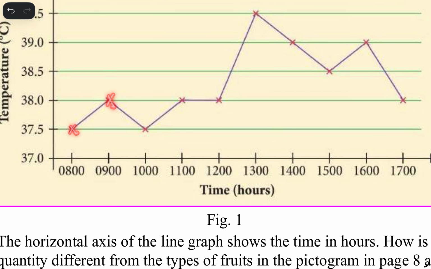This does not mean at 8:30 a.m. the temperature is 37.75. I'm only drawing a line to connect all the points together, but it could be possible that between 8 a.m. and 9 a.m. the temperature can be any other number, which I will not know.